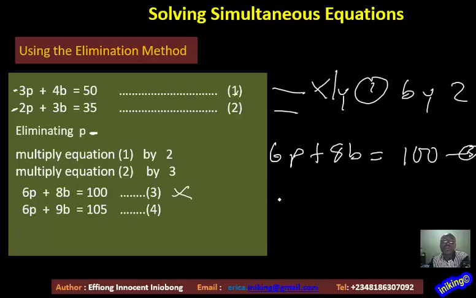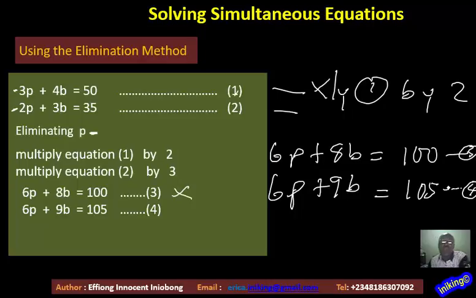We now do the same thing to equation 2. Multiply equation 2 by the coefficient of P in equation 1, which is 3. So 3 times 2P gives me 6P, 3 times 3B gives me 9B, and 3 times 35 gives me 105. I call this equation 4. Now you will notice that the coefficient of P in the two equations is the same.